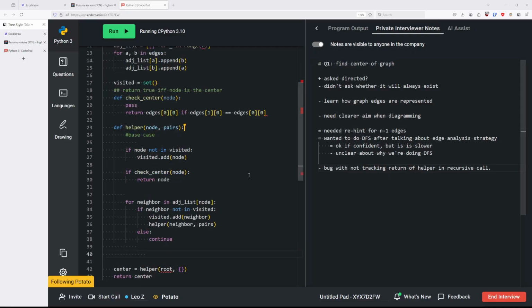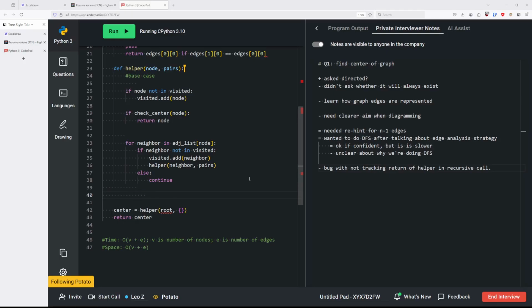Can you elaborate a bit on why it's V plus E? Why is DFS V plus E for space complexity?